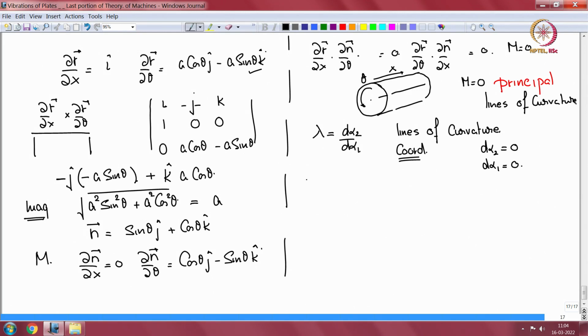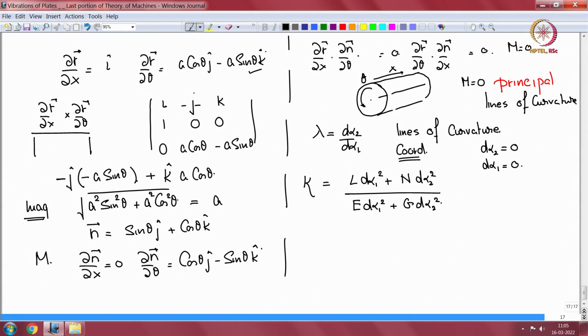Okay, so then what I have is, for my kappa, L d alpha 1 squared plus N d alpha 2 squared, divided by E d alpha 1 squared plus G d alpha 2 squared.